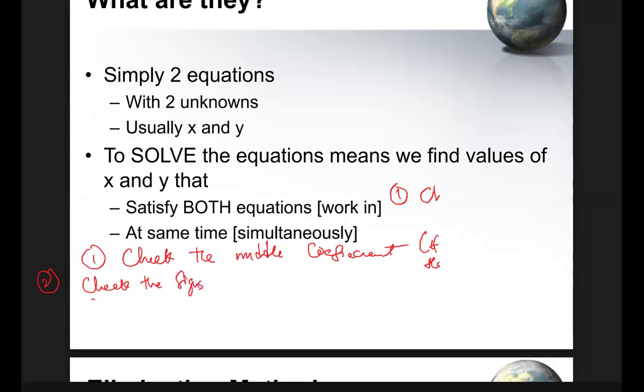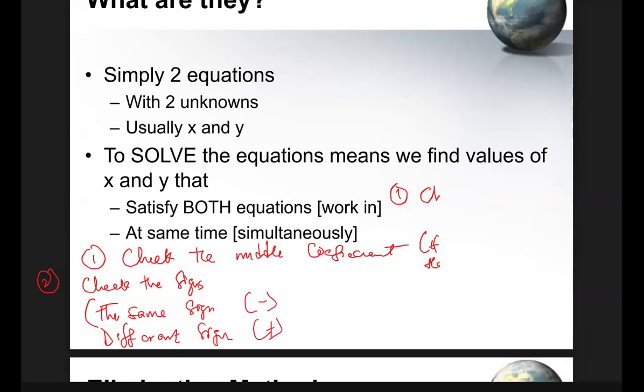If the signs are the same, you take away. If you have different signs, you add. That is it. So don't forget, please: you must check the coefficients first before you decide what to do.